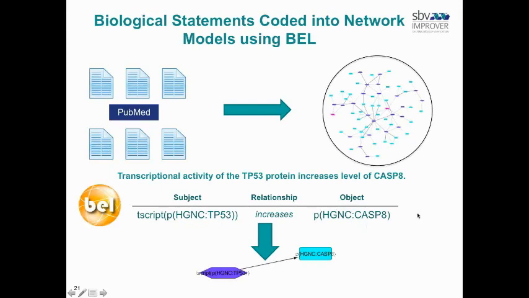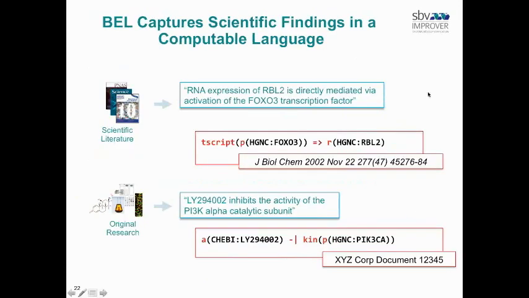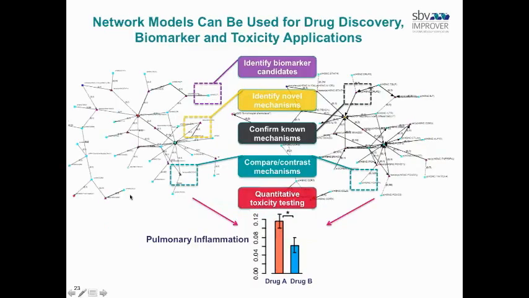So it's pretty straightforward. And on the next slide I have a couple more examples of how BEL captures a scientific finding in a computable and human readable language. Okay, so these network models can be used for drug discovery, biomarker, and toxicity applications.